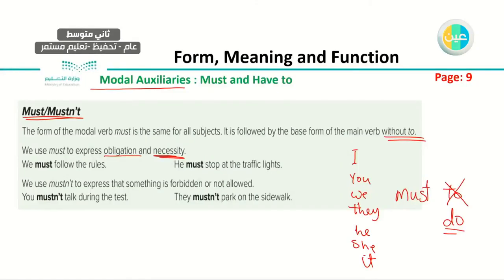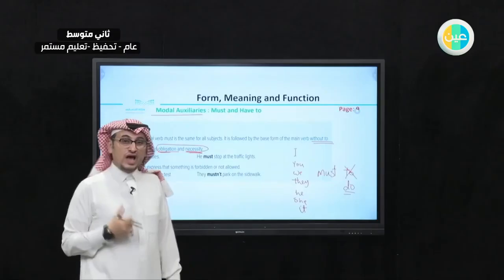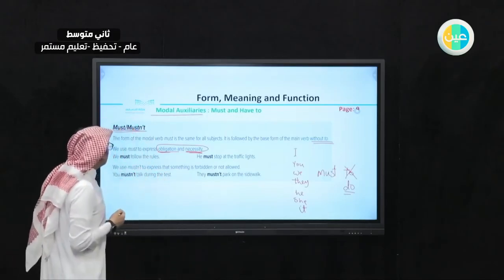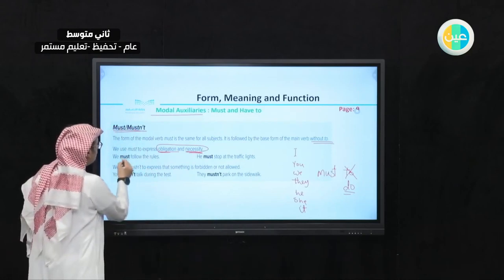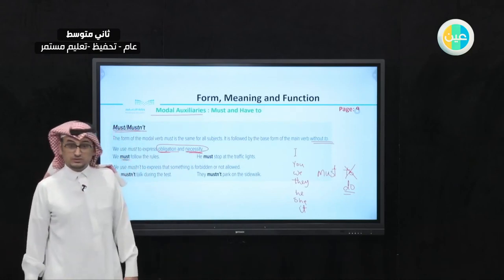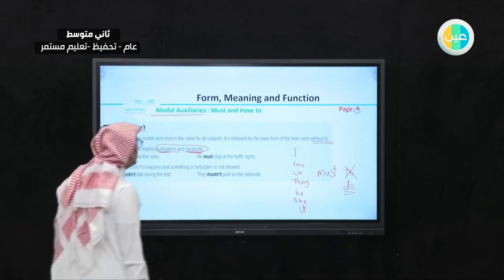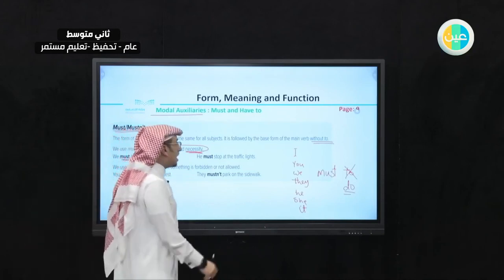We use must to express obligation and necessity, as we said. Something compulsory to do. We have to do these things. Look at the example. We must follow the rules. Something necessary, to follow the rules. He must stop at the traffic lights.